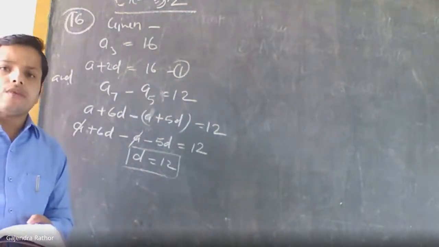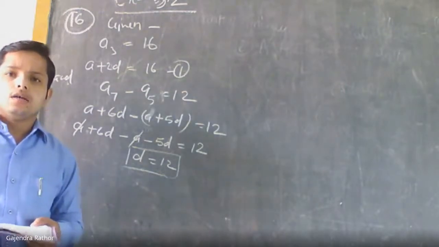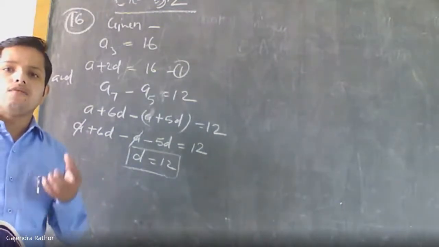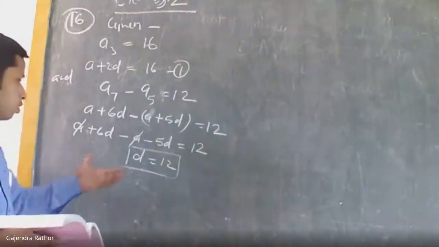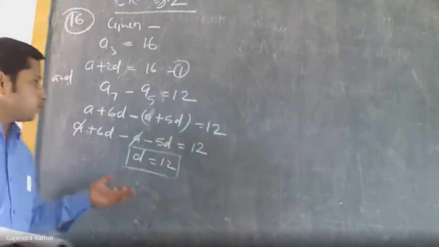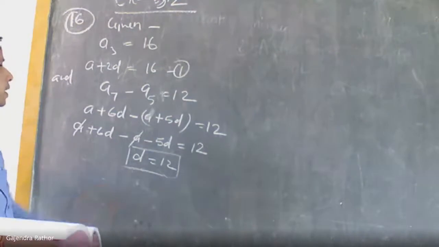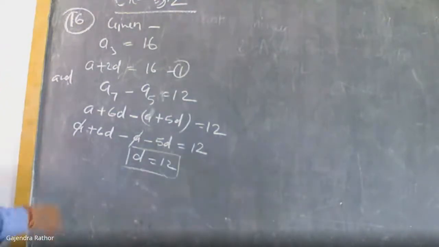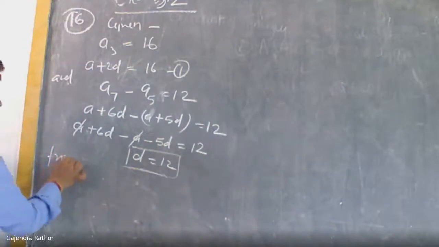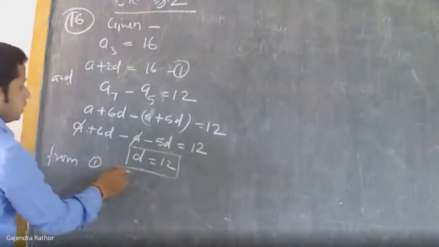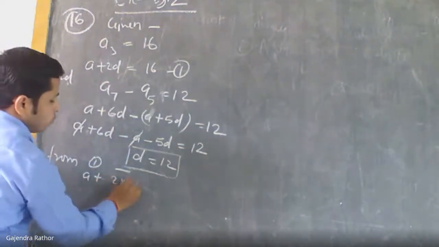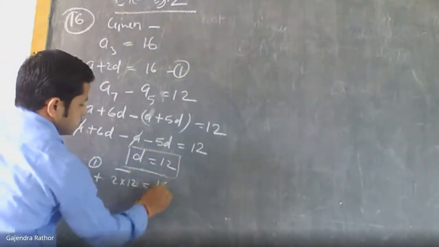So we got the value of the common difference, which is 12. Now we have to find the AP, which means we have to find some terms of this AP. To find some terms of the AP, we need the value of the first term. So we can take the value of D in equation number 1: A plus 2D, 2 into 12, is equal to 16.